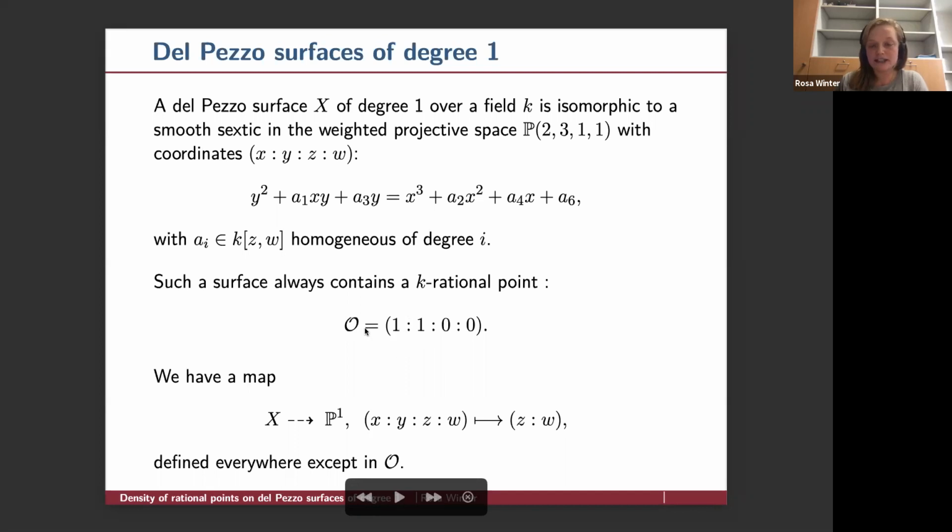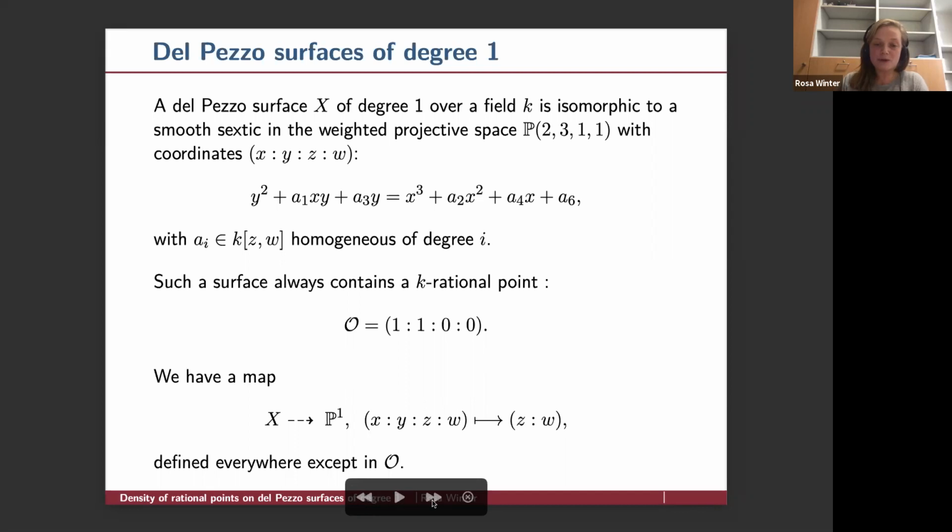So this is already nice. We already have a K-rational point, but we have a map from X to P1 projecting on Z and W. And this is defined everywhere except in this point. So in a way, we have a rational point, but it's also a bit of an annoying point because it makes this map birational and not everywhere well defined.